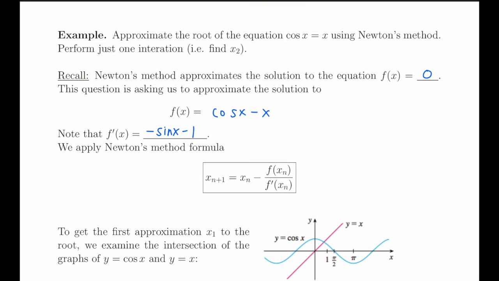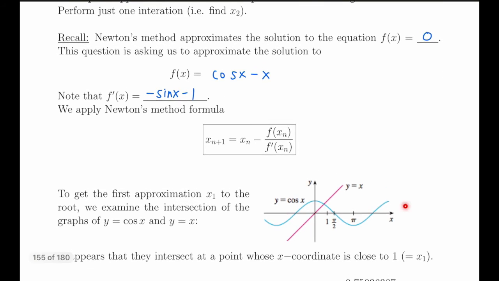Now, for your educated guess for x1, which must be close to your actual root, you can draw the graph of cosine x and x. I've done that down here. Here's your cosine x, here's x. What we want to know is where they intersect, right? Where those two y values are equal.